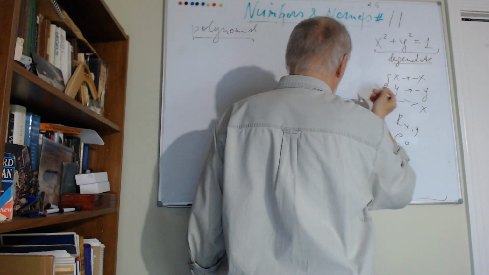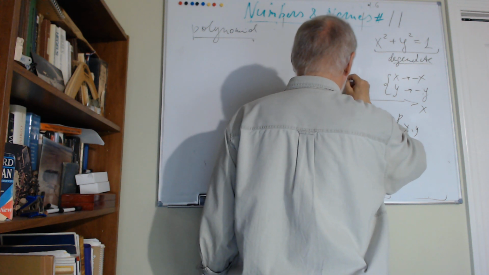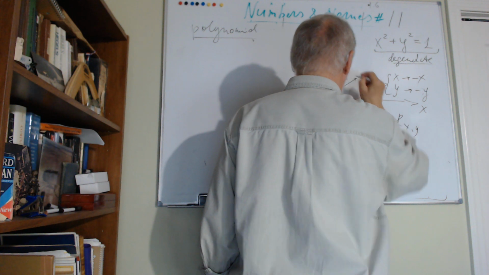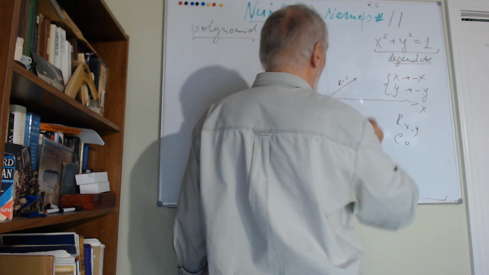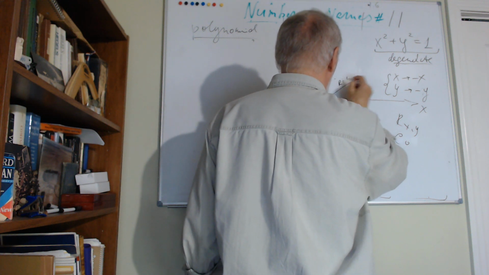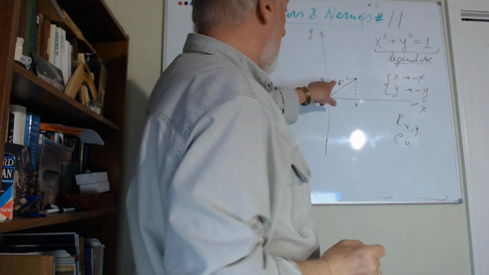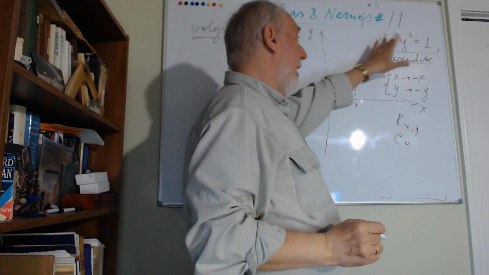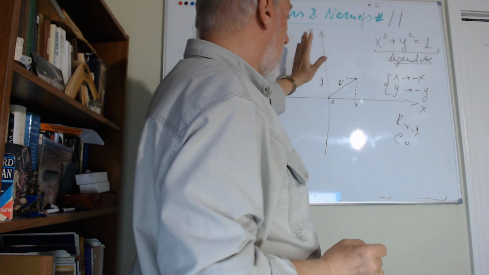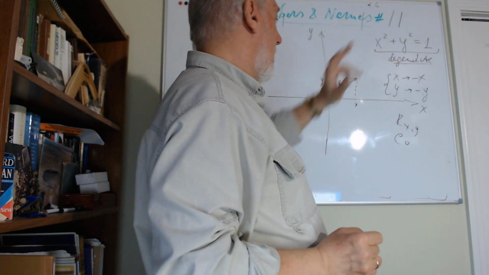If we put the triangle here, the hypotenuse is equal to 1, here is x and here is y, and whatever x and y are, squared plus squared should give you 1.